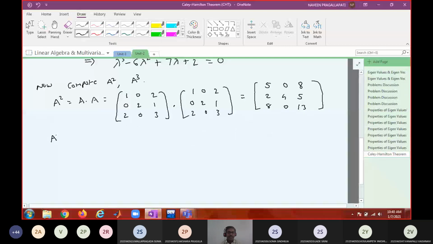Now compute A cube. A cube can be written as A square into A. Find out.